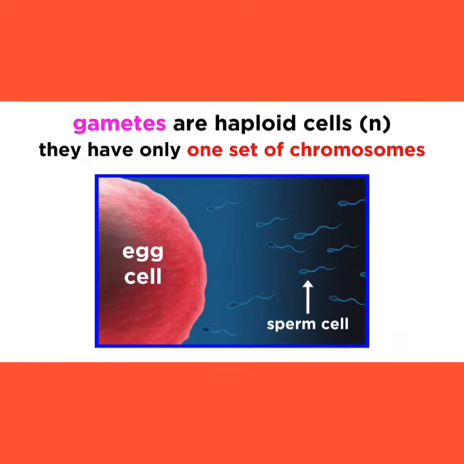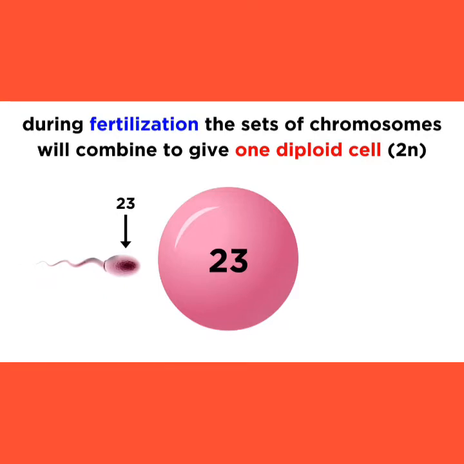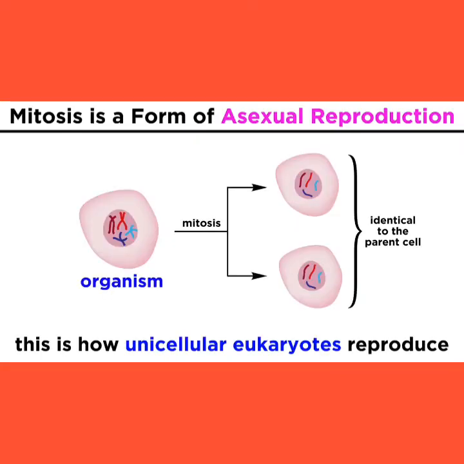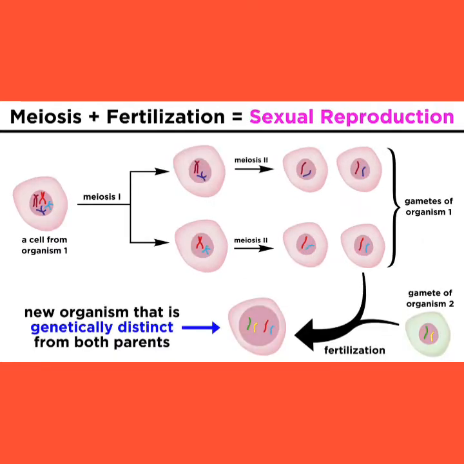As we said, these are haploid cells with 23 chromosomes, and when fertilization takes place, the sperm and egg merge and a new cell is formed, complete with the full 46 chromosomes, which are a combination of genetic material from the mother and father.